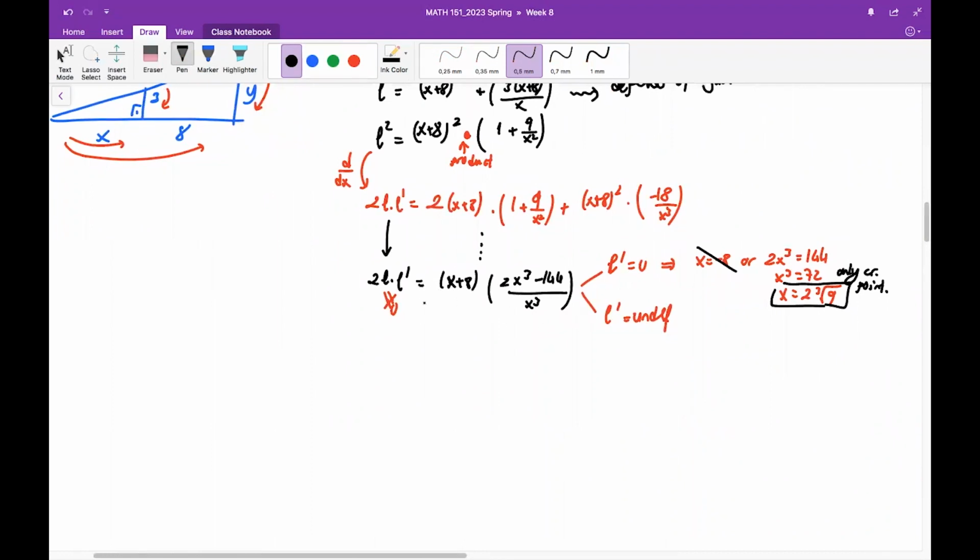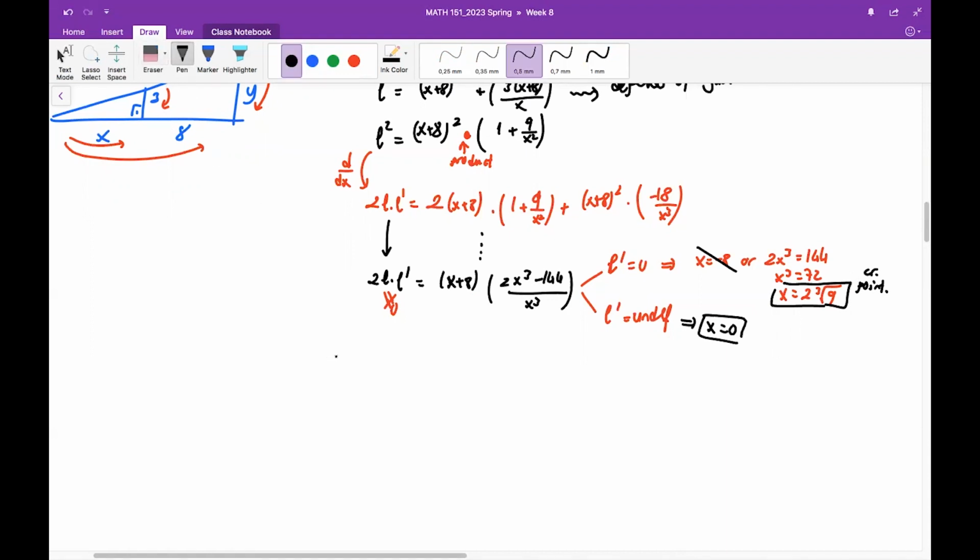So you see L prime is the expression on the right hand side divided by 2L, where L is never 0, right? As it's a length. That's why the denominator can be 0 only when x cubed is 0. So this becomes undefined when x is 0. By the way, this is also a critical point, right?